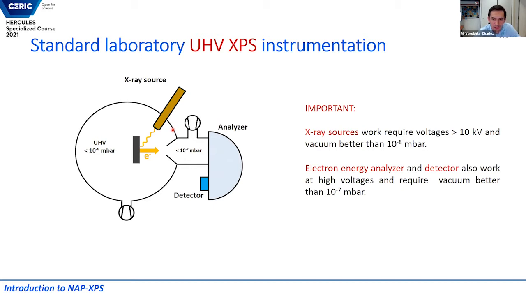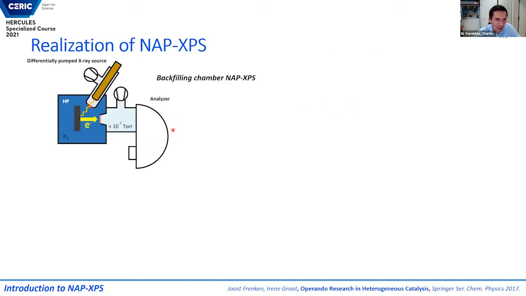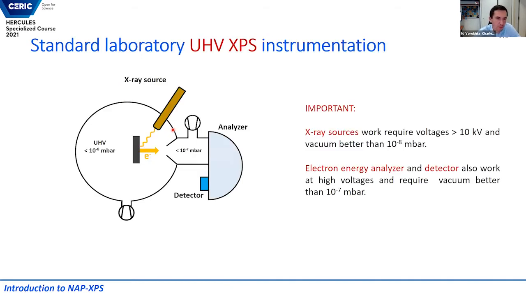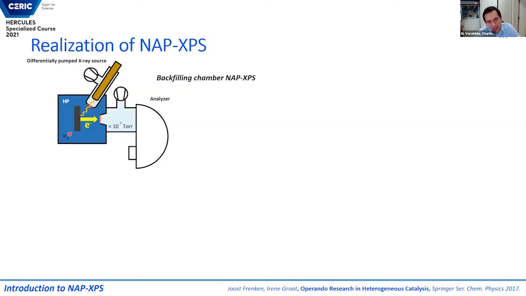And okay, let's try to build the NAP-XPS. The first way it's possible is to try to somehow isolate the X-ray source and the detector from the gas. In the case of the X-ray source, it is relatively easy, because of course it depends on the energy of your X-ray source.